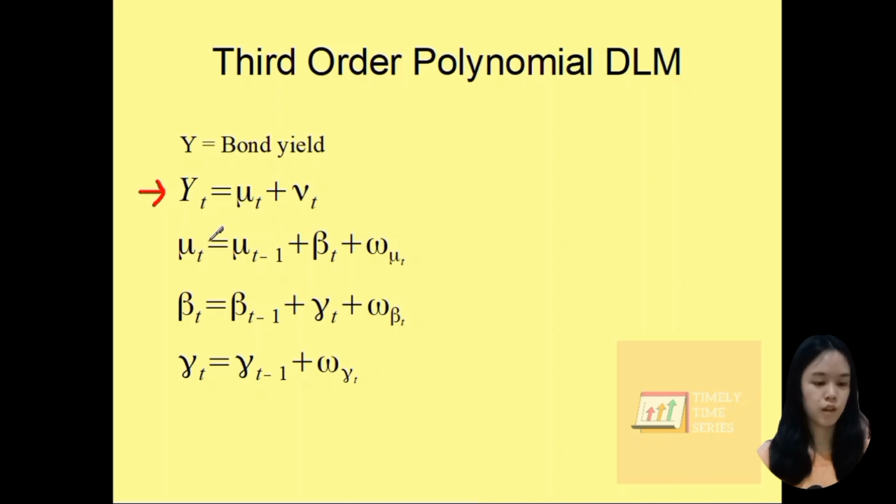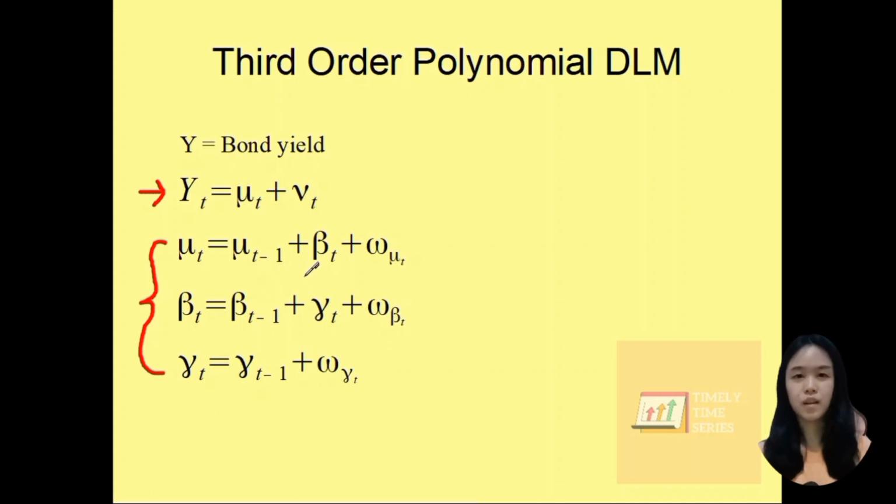And then the rest, three equations, lie in the system level. In the system level, we can see that we have three equations and three variables. Maybe this is why it's called the third-order polynomial DLM. I'm not really sure though, because none of the books that I've read mentioned this, even though it's very likely.